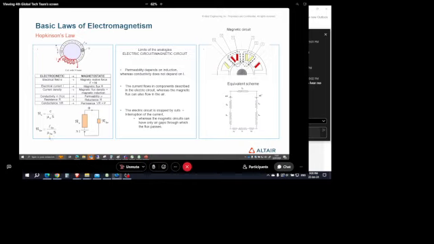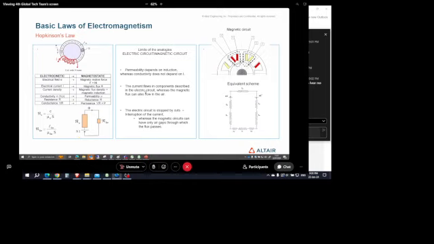Mu iron here is mu relative multiplied by mu0. And then we have these two reluctances in series. And we have the magnetic field source, which is the coil. And as you remember, we use Ampere's law to compute N multiplied by I. N is the number of turns.